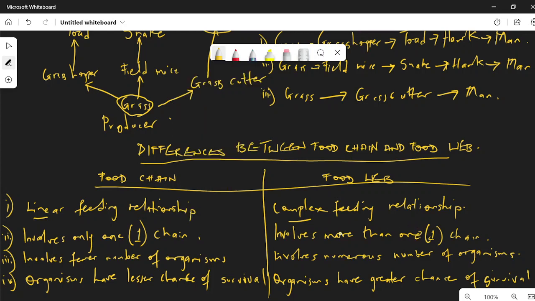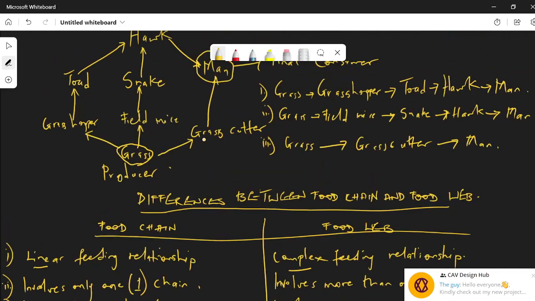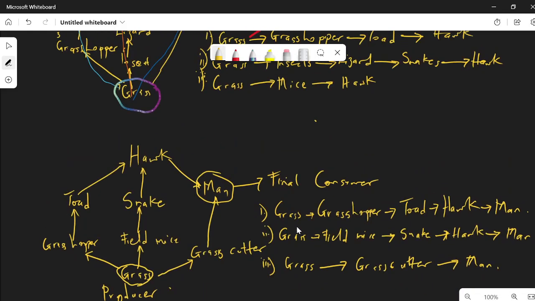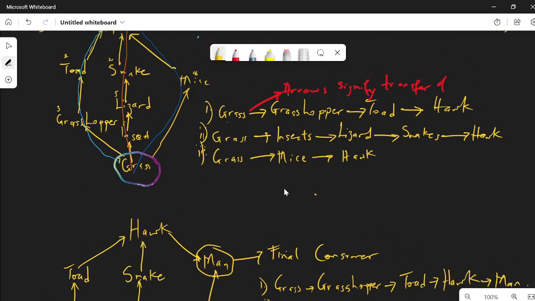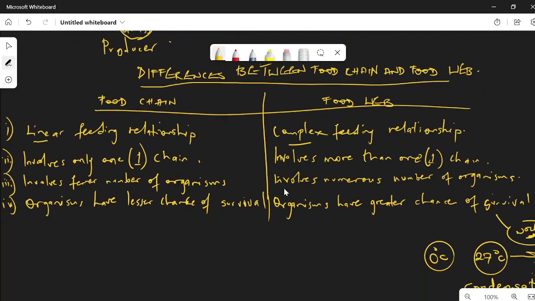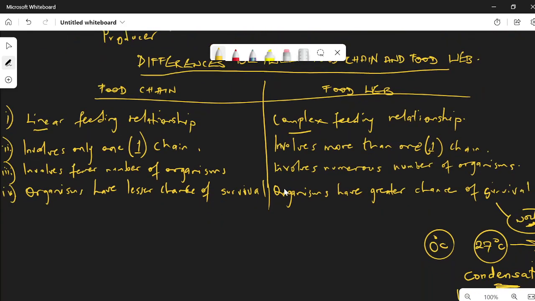If you look at the examples that we have here, this one has 3 food chains. This is the first chain, this is the second chain, and this is the third chain. This other example here also has 3 chains. It could have 3, it could have 2, it could have more, depending on the type of food chain that you are working on. Are we together?